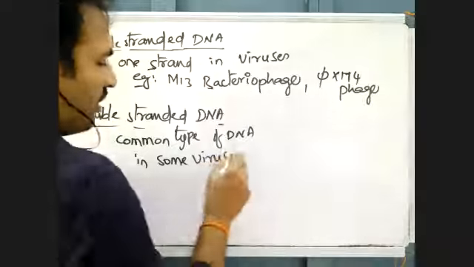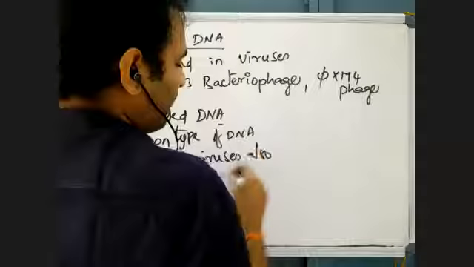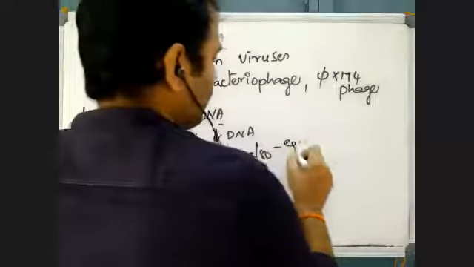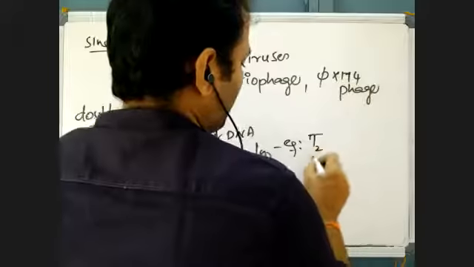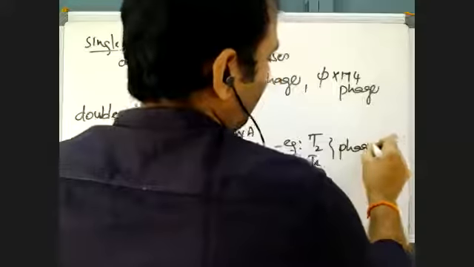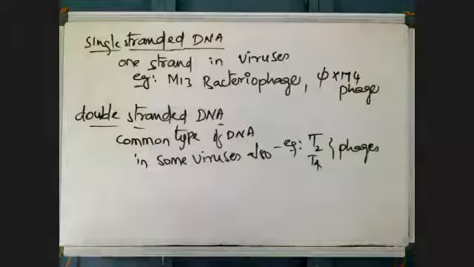Double-stranded DNA is present in some viruses also, like T2, T4 bacteriophages. They have this double-stranded DNA as genetic material.